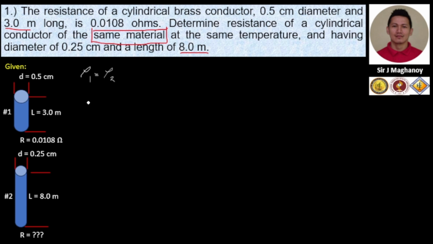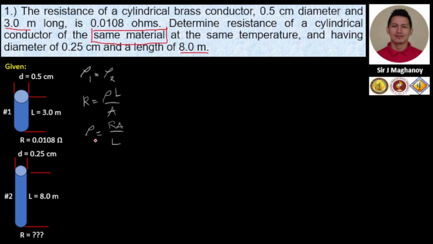If we recall the formula, resistance is equal to resistivity times length all over the cross-sectional area. Since our resistivity is constant, we can transpose our formula with respect to resistivity. Finally, resistivity is equal to resistance times cross-sectional area over the length.